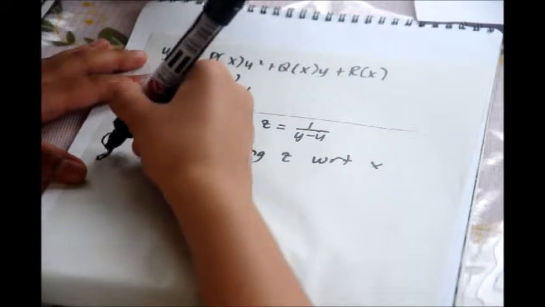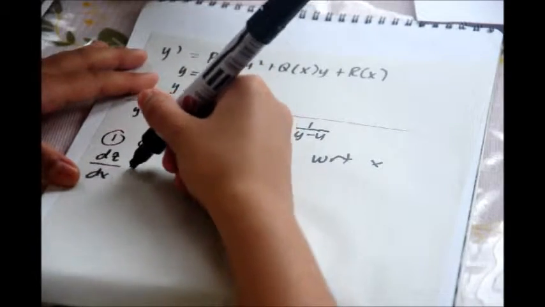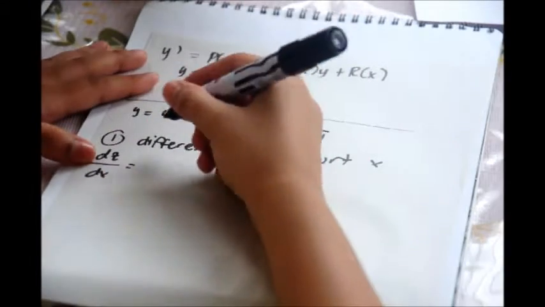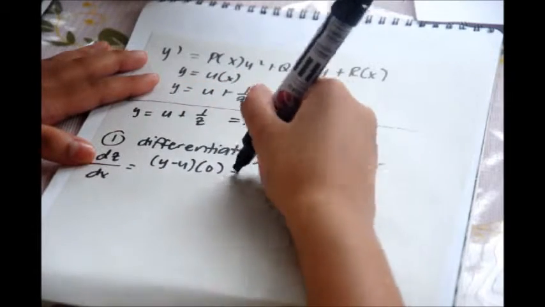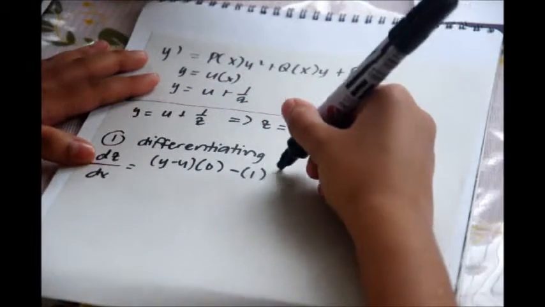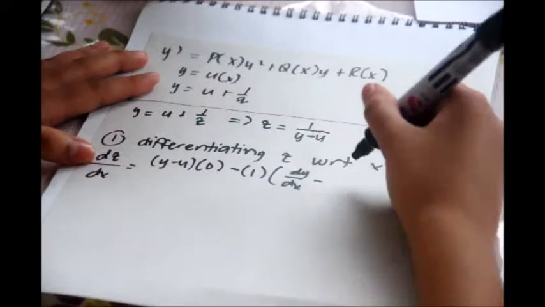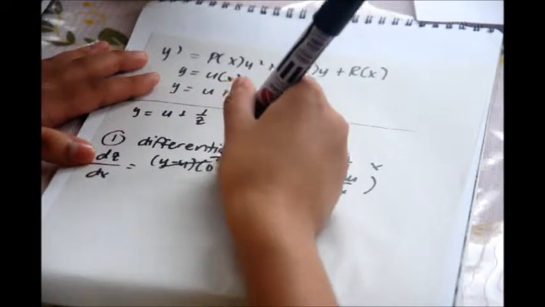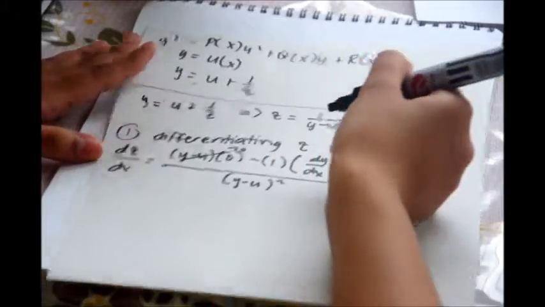So the equation becomes dz over dx is equal to, let's differentiate this one, by the quotient rule: (y minus u) times 0 minus 1 times (dy over dx minus du over dx), all over (y minus u) squared.